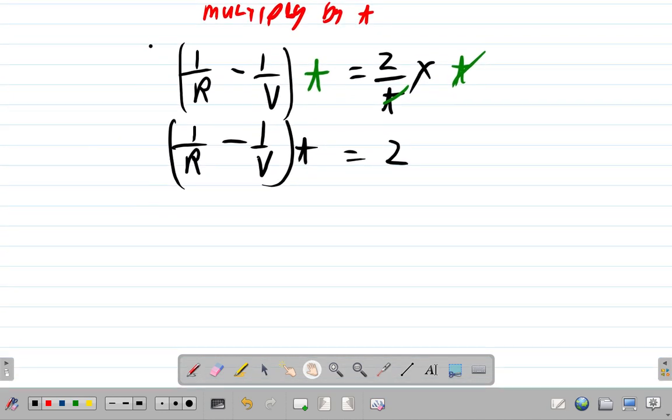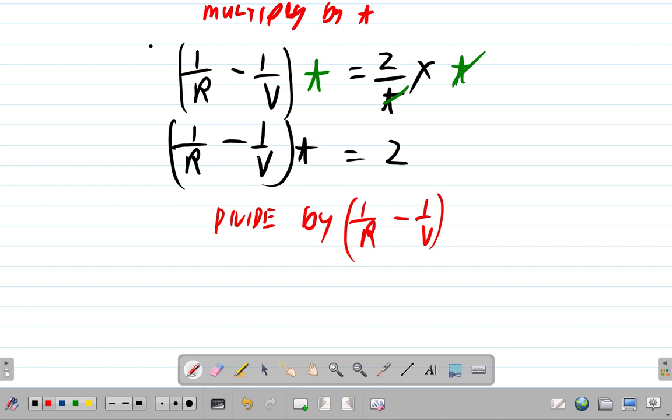The next thing you do here is you divide by 1 divided by R minus 1 divided by V. You can divide both sides that way. So you have 1 over R minus 1 over V, T equals 2.